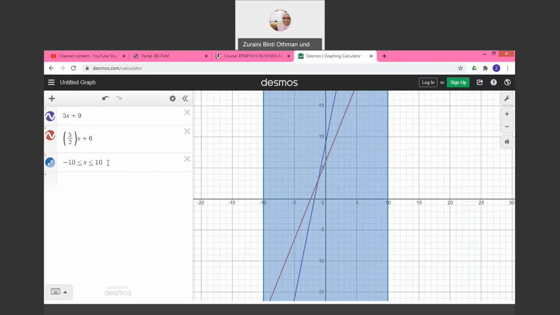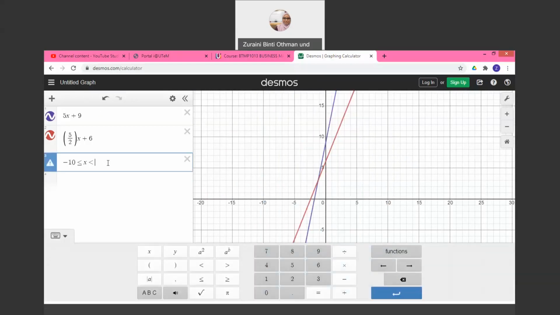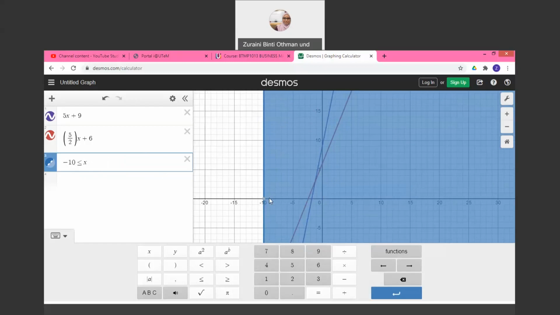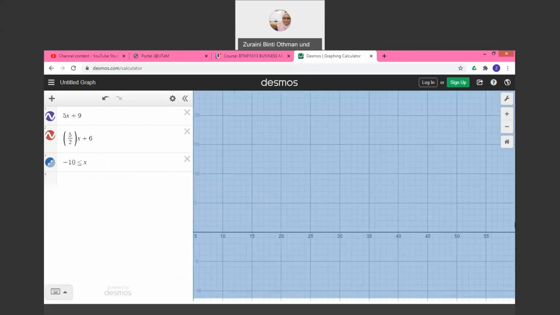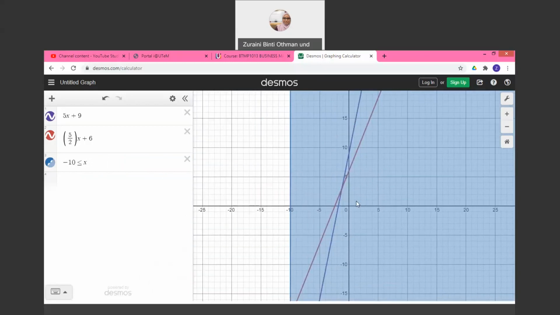Or we want to consider only x is greater than negative 10. Okay, so it will consider from negative 10 until infinity, sampailah ke belakang ni. Kadang-kadang kita nak know the profit from 1992 until what year, right? Also, we can put this inequalities like this.